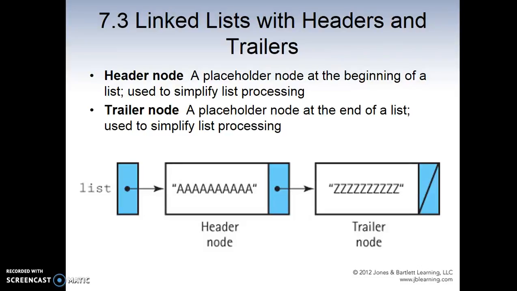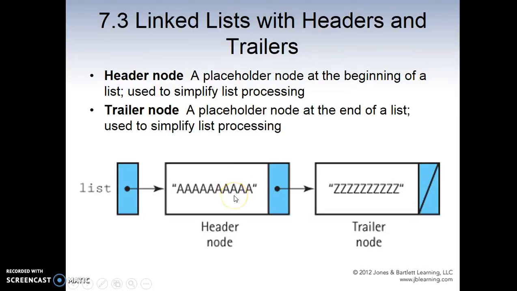So now we understand what a doubly linked list is. Next one is linked list with headers and trailers. So what's that? The header node is a placeholder node. We just make a placeholder at the beginning of a list, and we use it to simplify list processing.